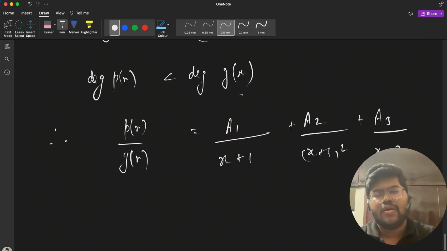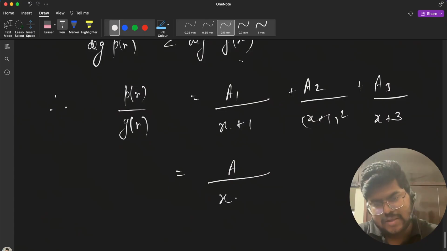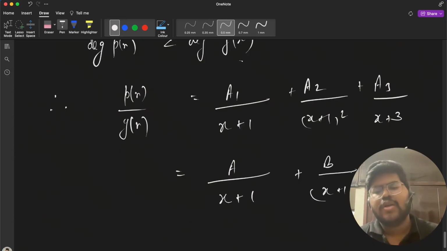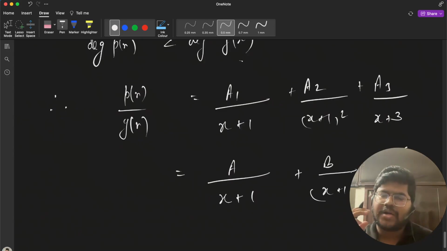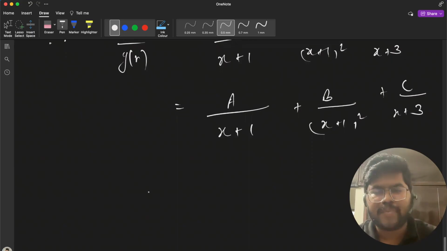Or to simplify it, we can write this as a upon (x plus 1) plus b upon (x plus 1) square plus c upon (x plus 3). The exact order doesn't matter much, students. We can write a, b, c anywhere according to our choice, but just make sure all the denominator terms are placed exactly the same as we have learned in the cases concept.